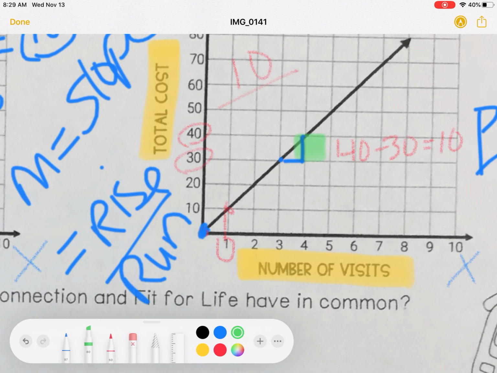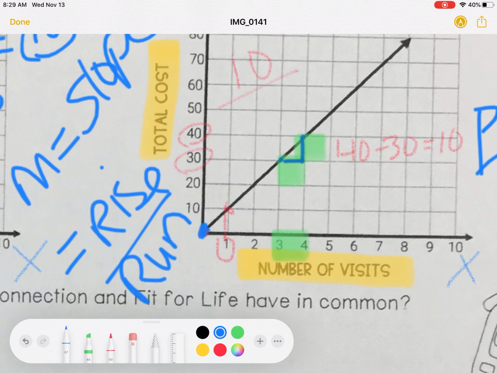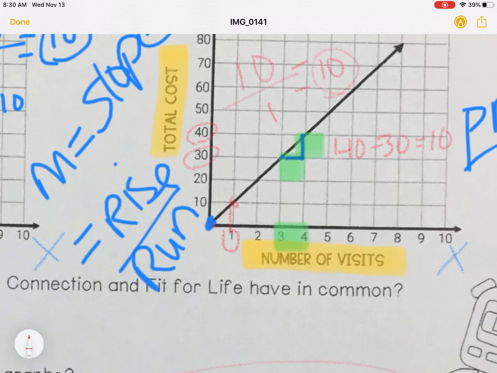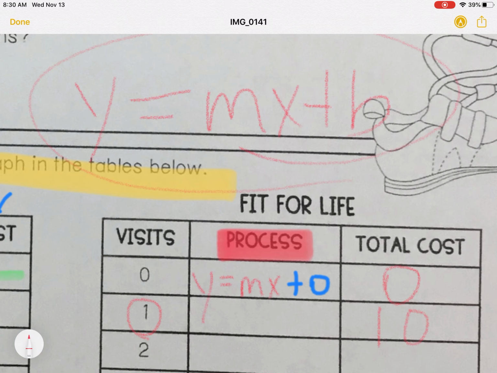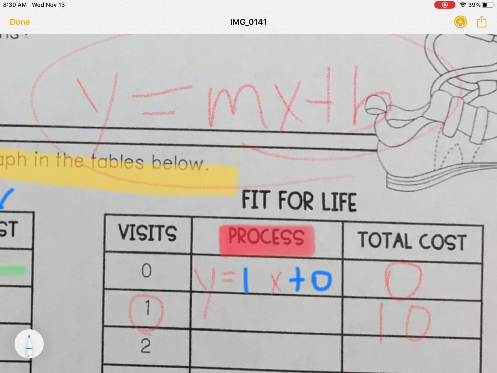What is my run? Well, my run is horizontally. It is from 3 to 4. So what's 4 minus 3? 4 minus 3 is 1. So my run is 1. 10 divided by 1 is 10. So my slope is 10. So I would come down here and I would replace, or what we call plug in, for m, what my slope is, 10.